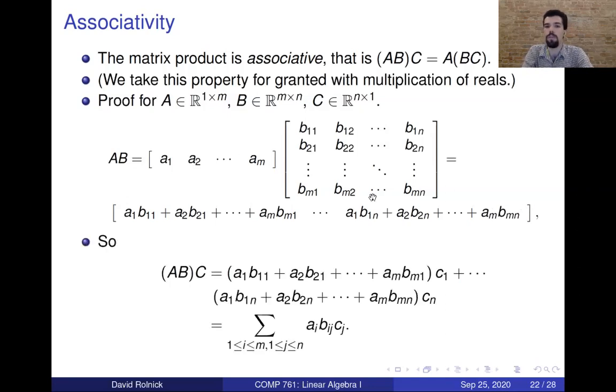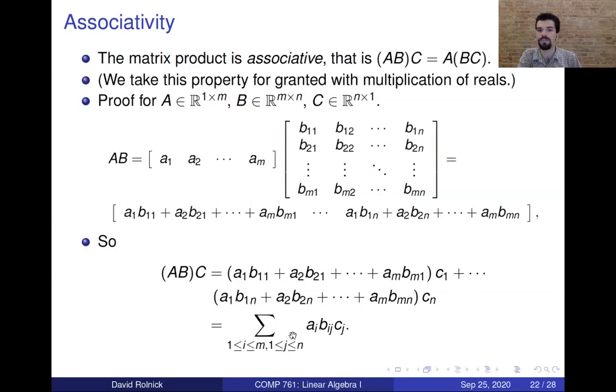Now, what if we multiply that by C? Well, C is a column vector, so we're just dotting this with a column vector, C1 through Cn. And so the final output is going to be equal to this. You can think of it as Ai times Bij times Cj summed over all possible i and j.